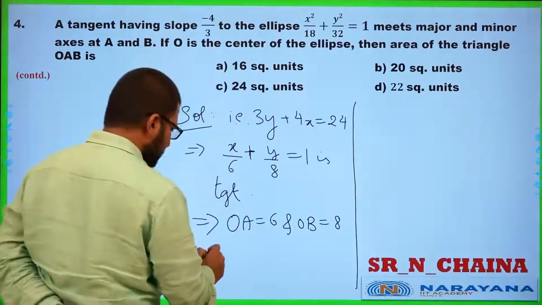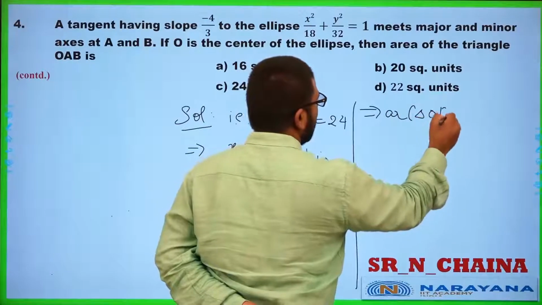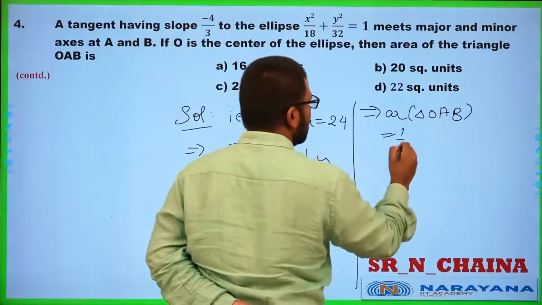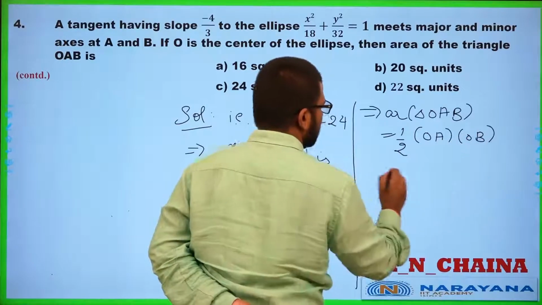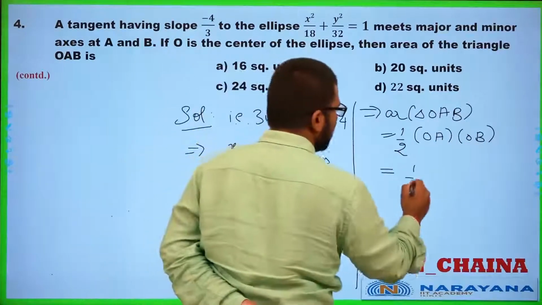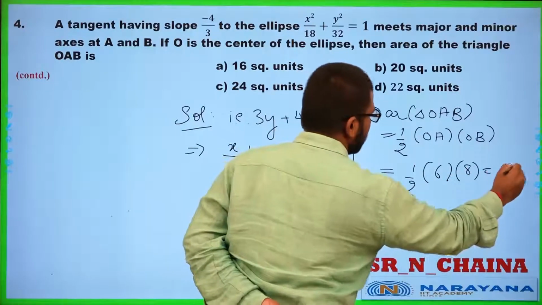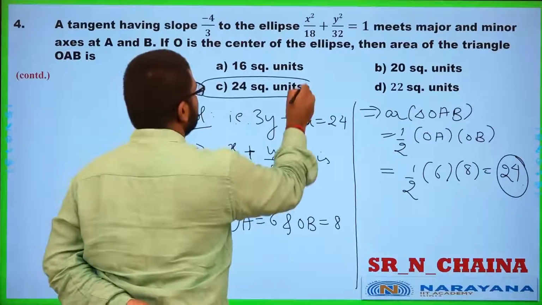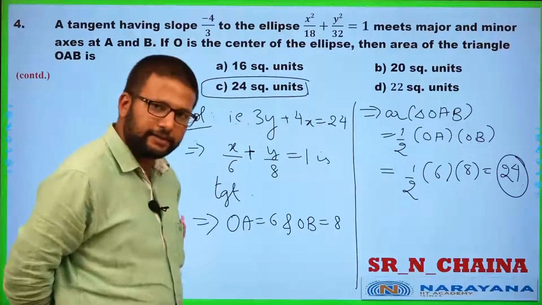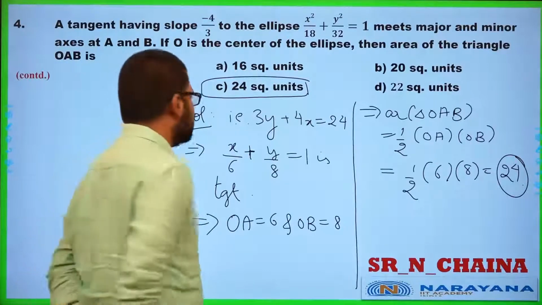Which means area of triangle OAB, which is half of OA into OB, because it is right angled, therefore half of 6 into 8, 24. That is your answer. Got it? Shall we proceed then? Okay, let us do that.